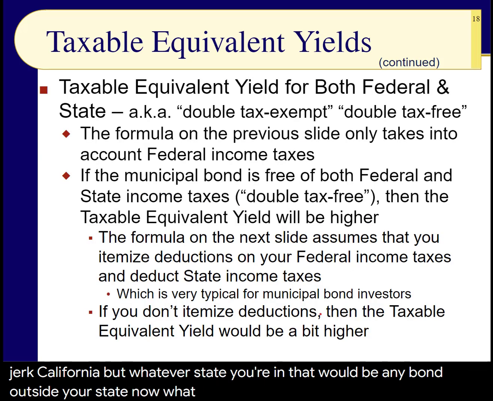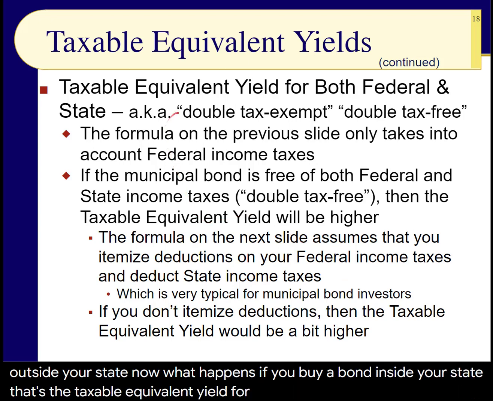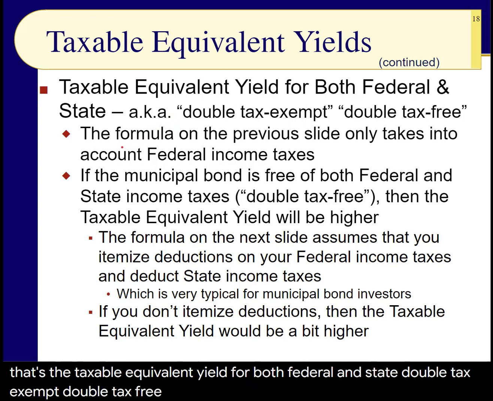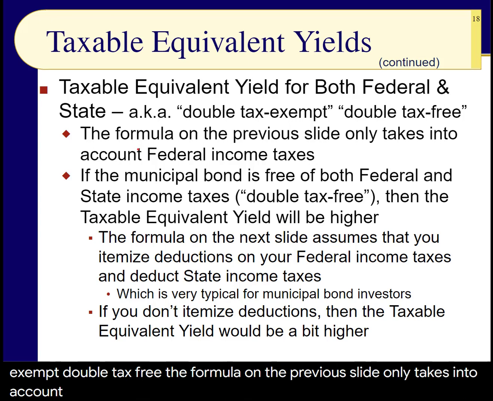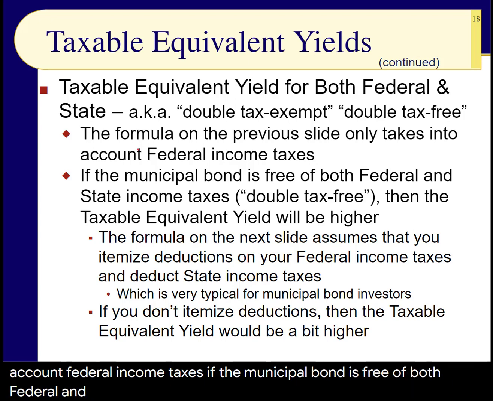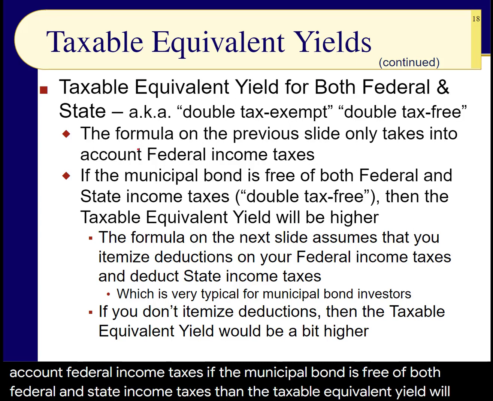Now, what happens if you buy a bond inside your state? That's the taxable equivalent yield for both federal and state, double tax exempt, double tax free. The formula on the previous slide only takes into account federal income taxes. If the municipal bond is free of both federal and state income taxes, then the taxable equivalent yield would be higher.